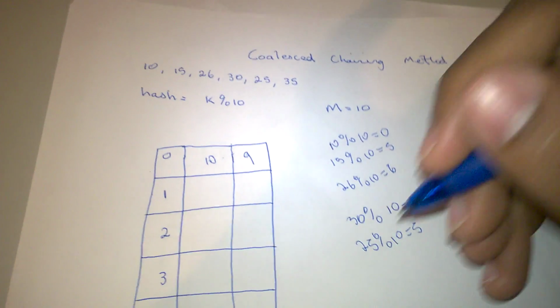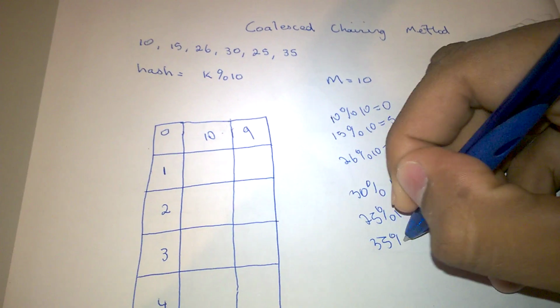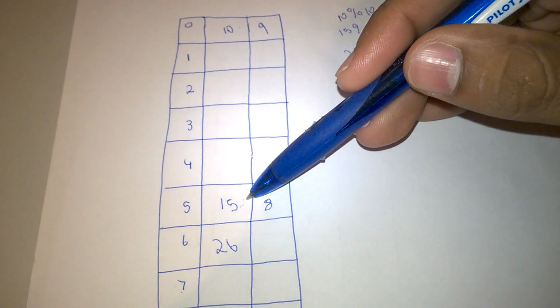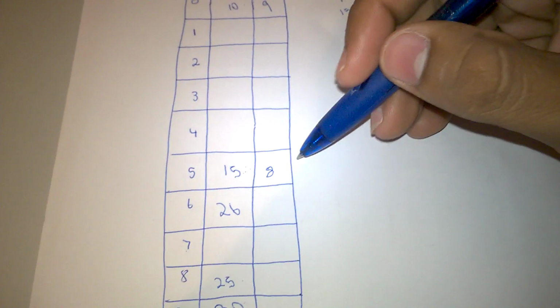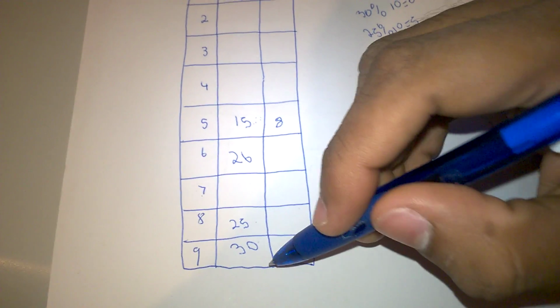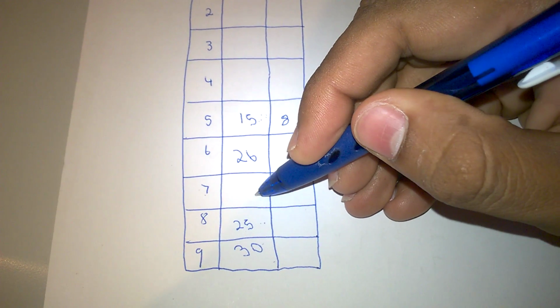So the next value is 35. So 35 mod 10 is equal to 5. So the same thing again. We come here, we see it has something. So then we start from the bottom and we see that the next available position is position 7.